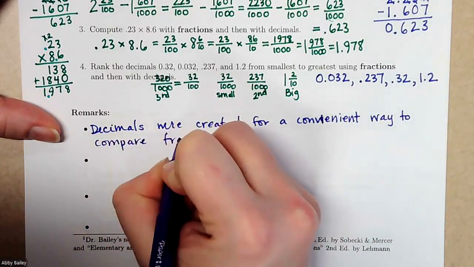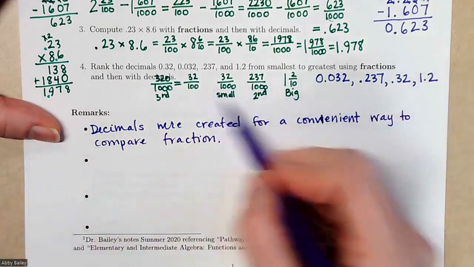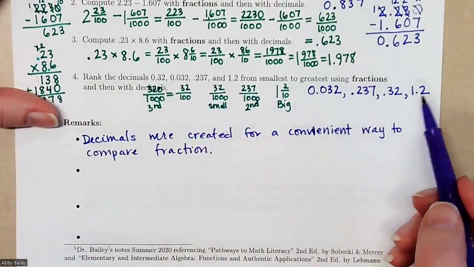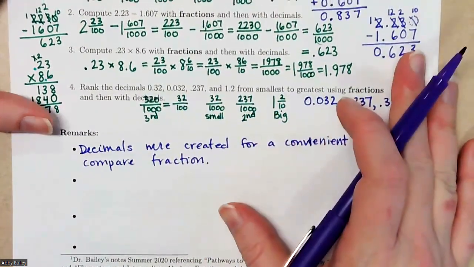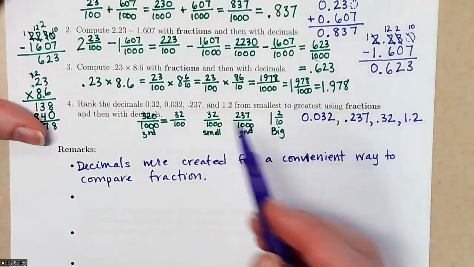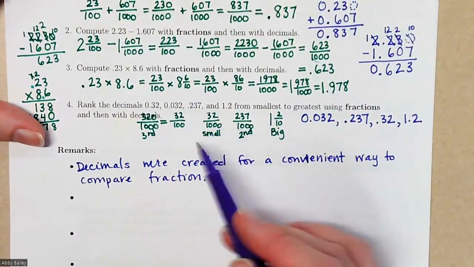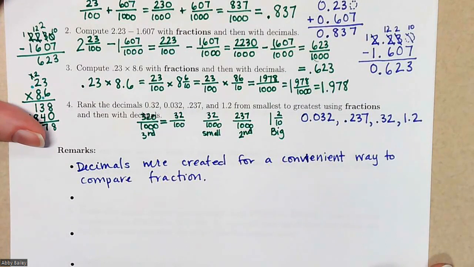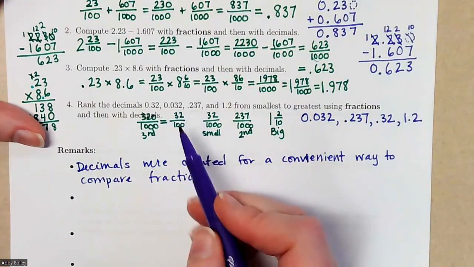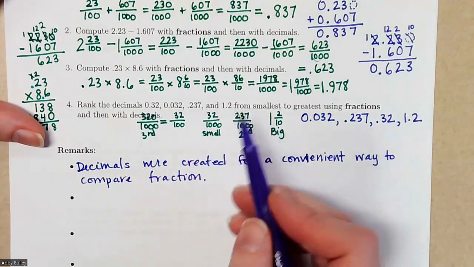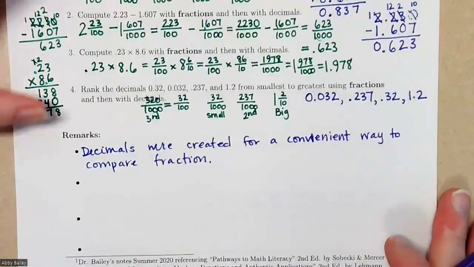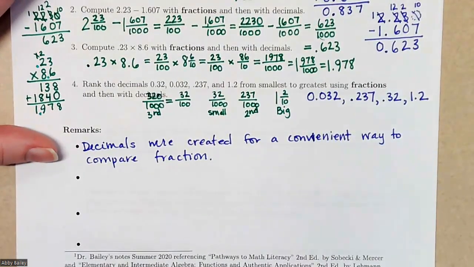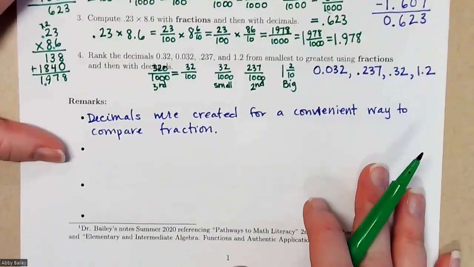So here's what I mean. Looking back at this problem, ranking these, we just have this little trick of going left to right to rank decimals. When we look at fractions, we had to cut them into equal pieces in order to compare them. Like we couldn't really compare 32 hundredths to 237 thousandths because they were in different portions. So decimals were really created for a convenient way to quickly compare fractions.